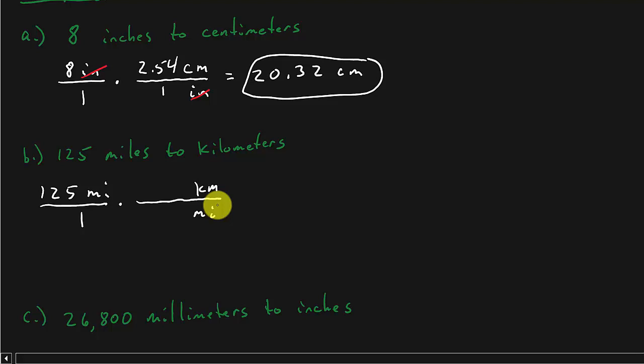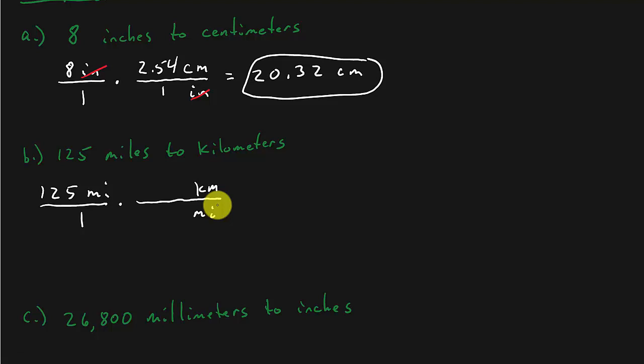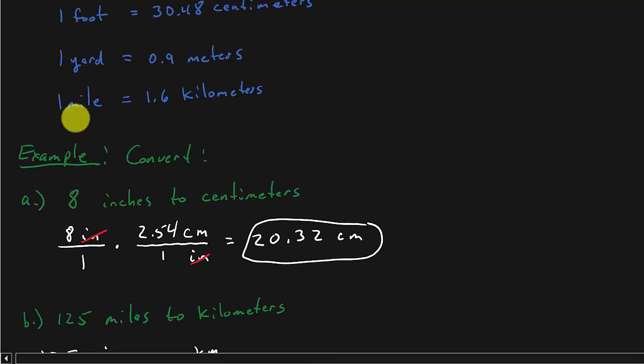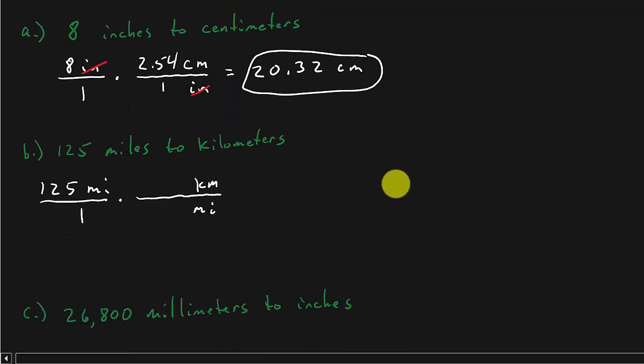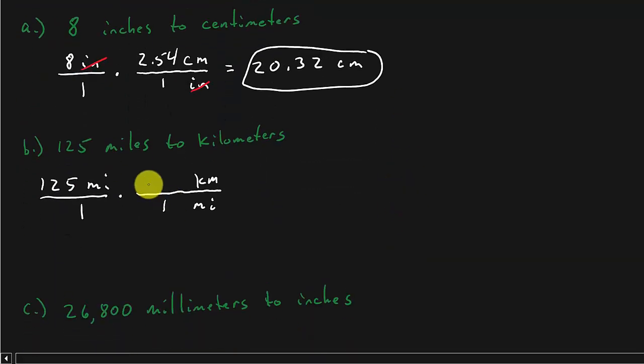Do I have a relationship between kilometers and miles? Well, look, there we go. 1 mile is equal to 1.6 kilometers. Then we can see here that miles cancel, and I'm left with, what does that come out to be? That's going to be 200 kilometers.